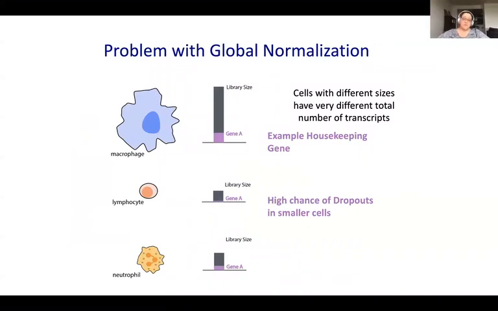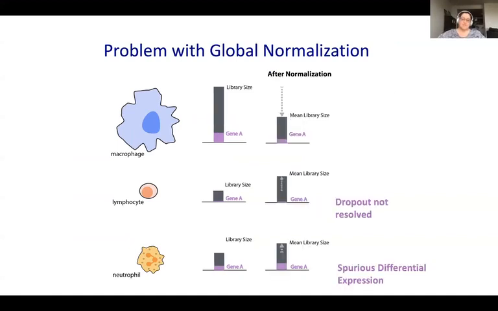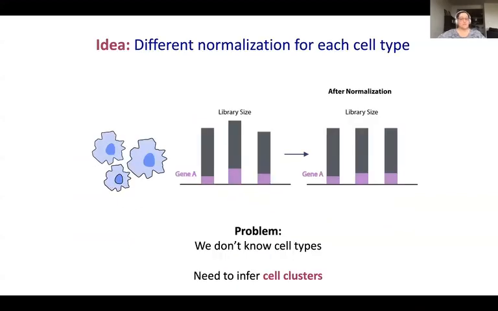Another problem with global normalization and batch correction is that different cell types have naturally different numbers of genes in them. A macrophage is an RNA factory. It has hundreds of thousands of transcripts in it, truly biologically, whereas a naive lymphocyte, a naive T cell, has only a couple thousand, and many of the normalization methods try and equalize them, try and assume that they have equal library size, and this can really mess things up, particularly in differential expression analysis, when you make an assumption that the macrophage and the lymphocyte have the same number of transcripts, or should have the same number of transcripts.